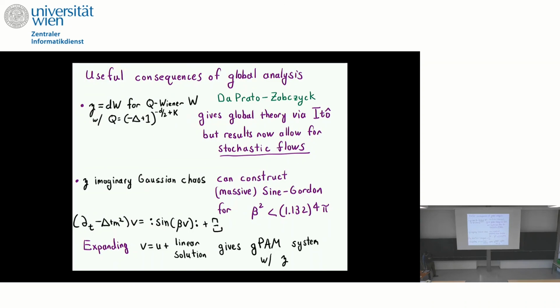Okay, and I want to say some useful consequences of the global analysis. For this case of the white-in-time case, you have a global theory using Ito, but now this pathwise approach allows you to actually construct stochastic flows, right?